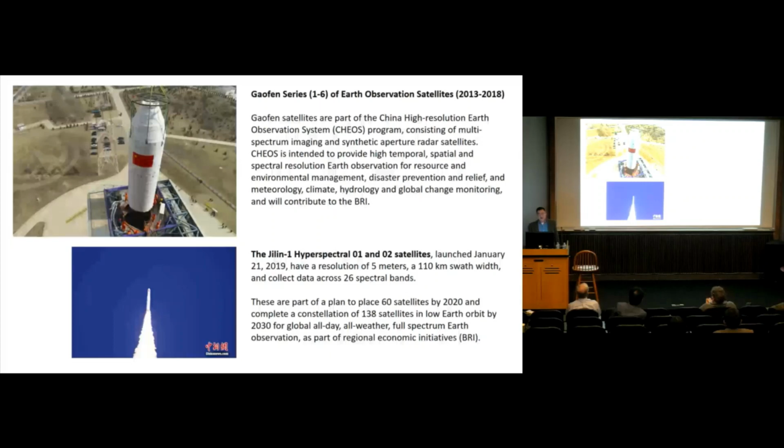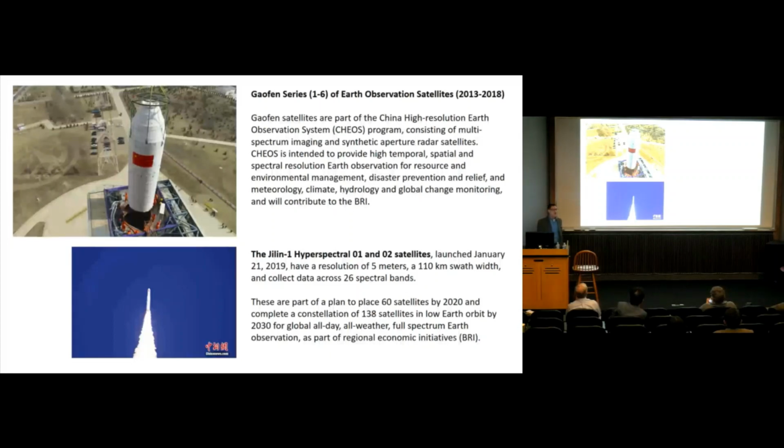Part of the China High Resolution Earth Observation System program, with a variety of sensors on these satellites, looking at multispectral imaging, optical remote sensing, radar, with the intention to provide high temporal, high spatial, and high spectral resolution data for Earth observations.